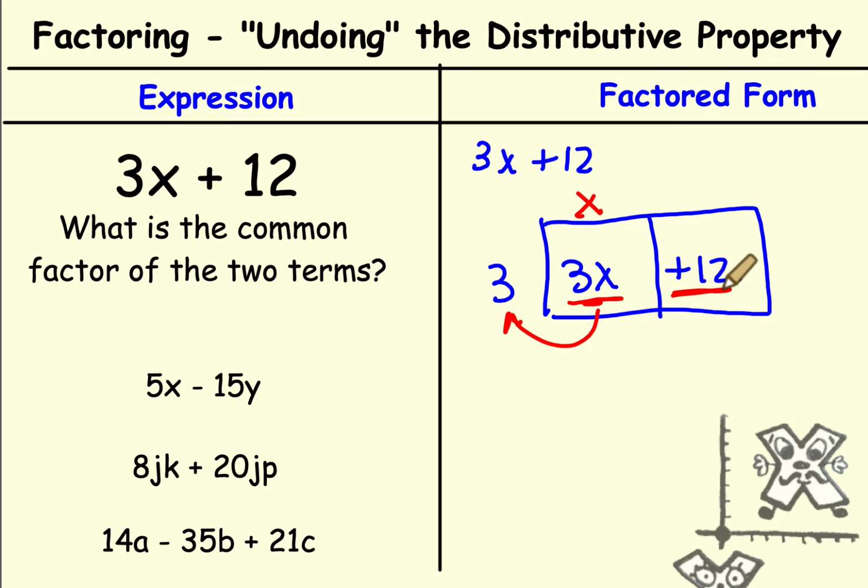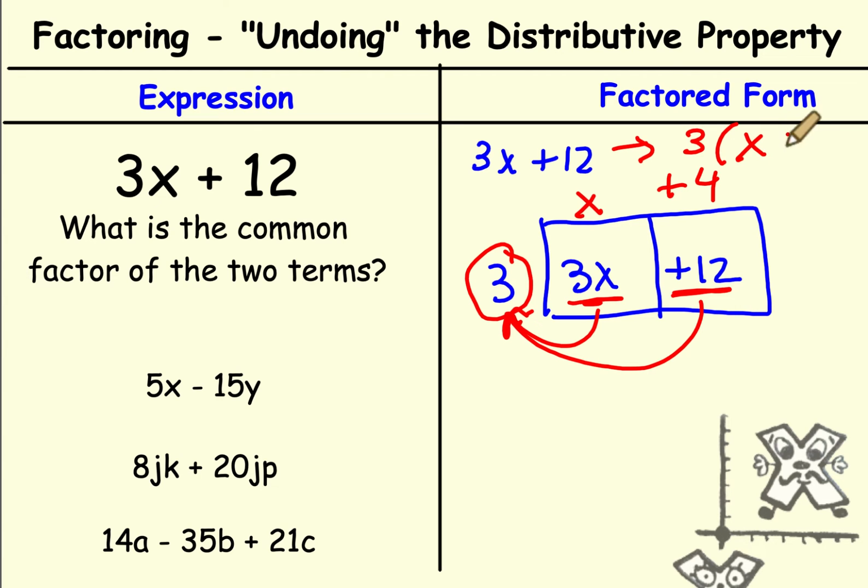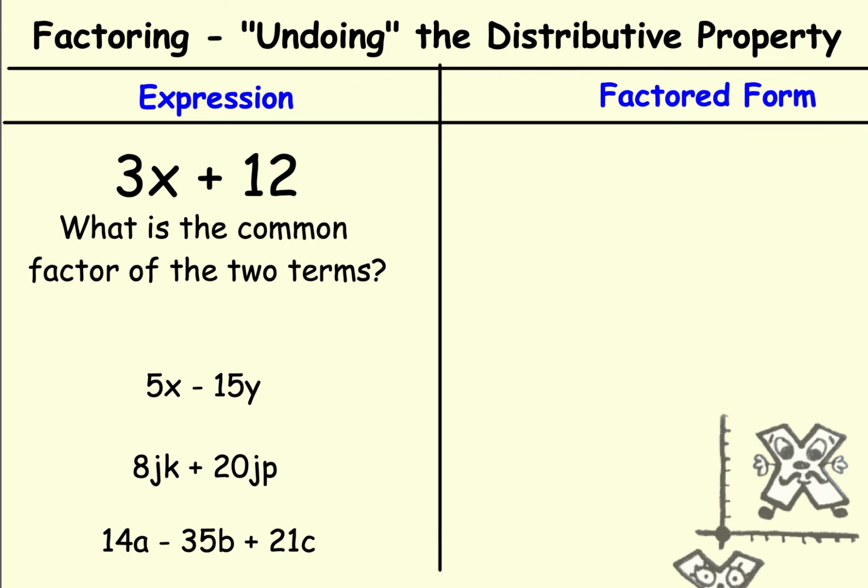If I had 12 and I divide it by that 3, what would I get? 12 divided by 3 is 4. So that means 3x plus 12 in factor form would be the 3 times what was left over, x plus 4.